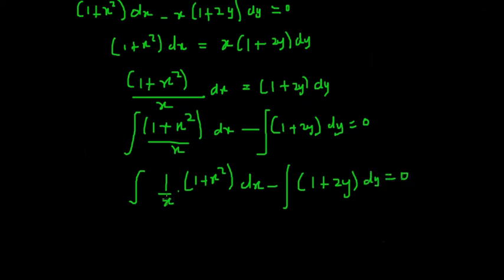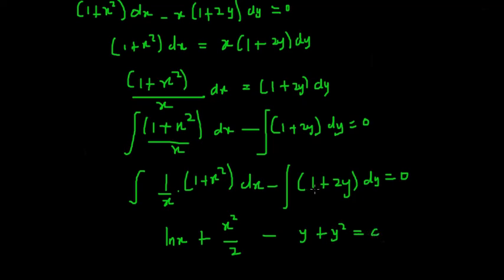So now when you integrate this expression, you will end up with ln x plus this one, x squared on 2, and then minus this expression will give us y plus y squared, equal to c.